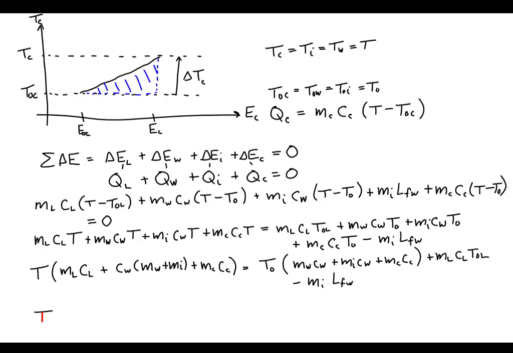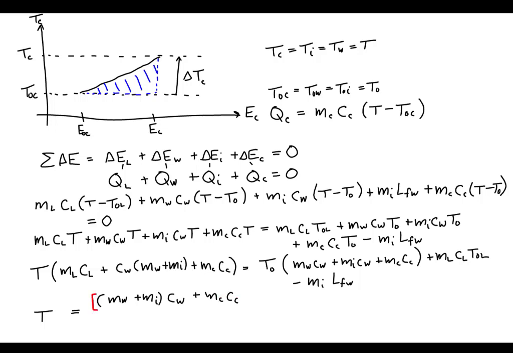So this will give us the temperature is equal to, so in the numerator we have the mass of the water plus the mass of the ice, and that is times the specific heat of water plus the mass of the calorimeter, specific heat of the calorimeter.